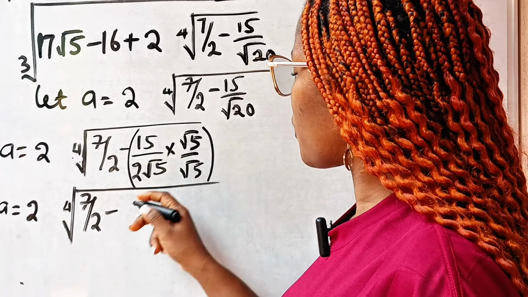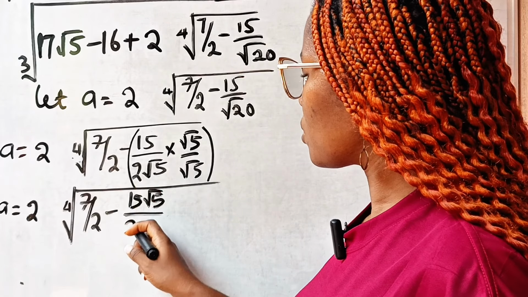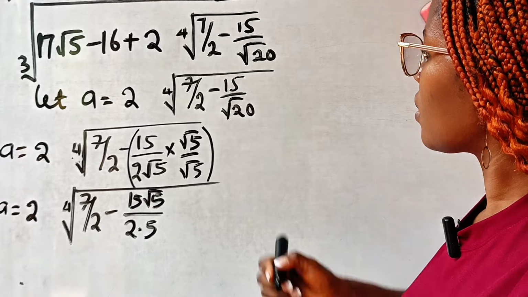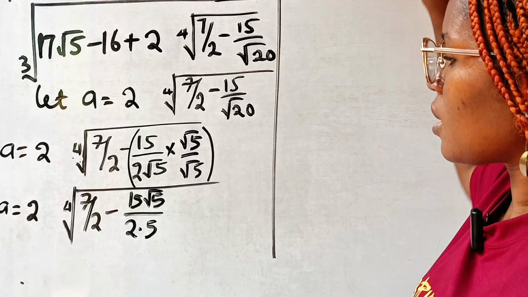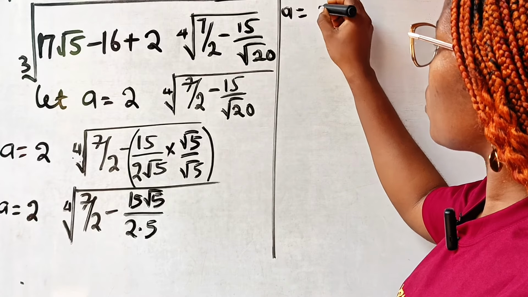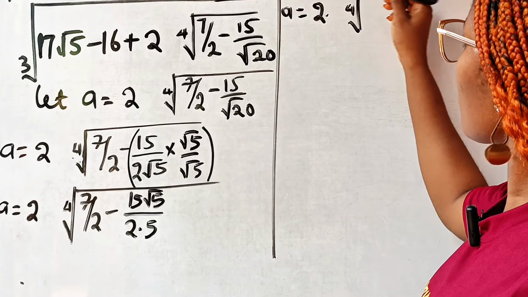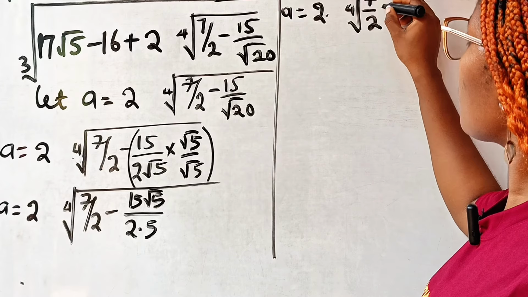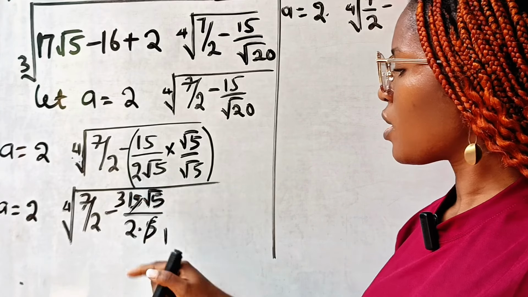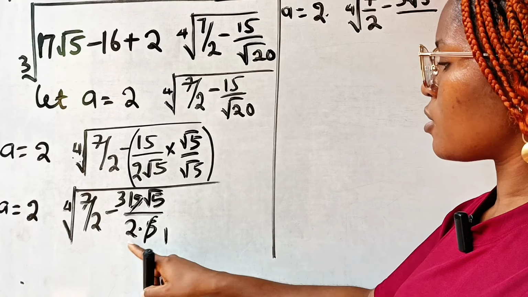Now we have 15 times root 5, which is 15 root 5, then 2 root 5 times root 5 is 10. Now 5 divided by itself is 1, and if you divide 15, we have 3. So now we have 3 root 5 divided by 2.